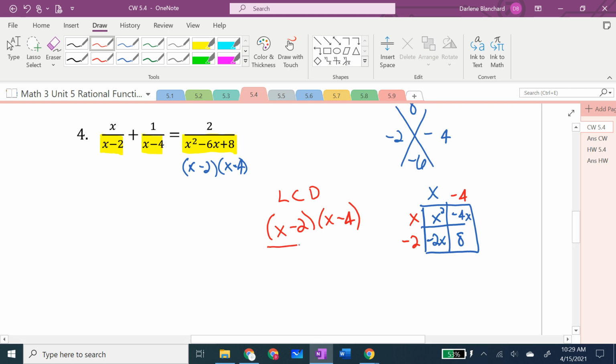If I divide my least common denominator by any of these, I will get a polynomial. That's the point of getting that least common denominator. Okay. Are you ready? The real work is about to begin.